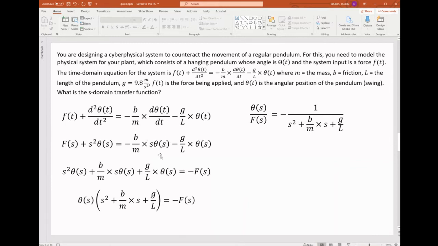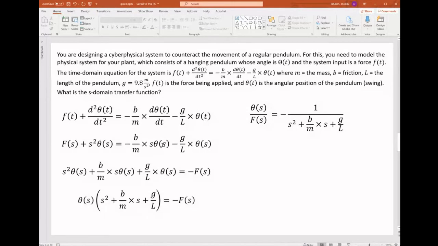And then the last term is negative g over l times theta t, which becomes g over l times theta s. So that wasn't too hard, but it gets a little trickier because we need to get it into the form of a transfer function, which means we need to get theta s, which is the output, to be a function of f of s, which is the input.